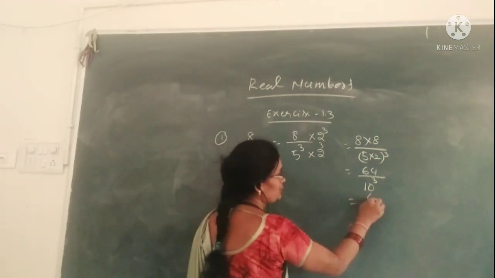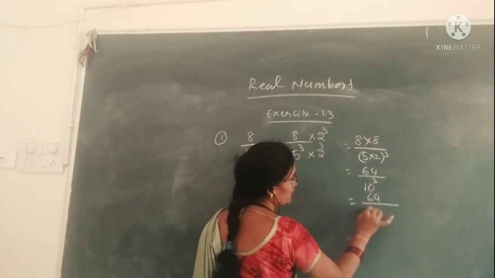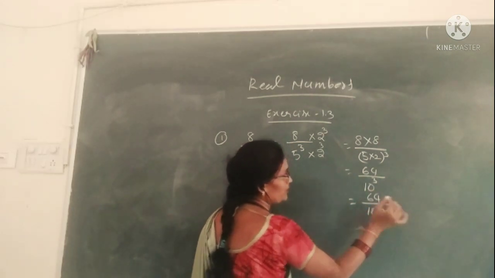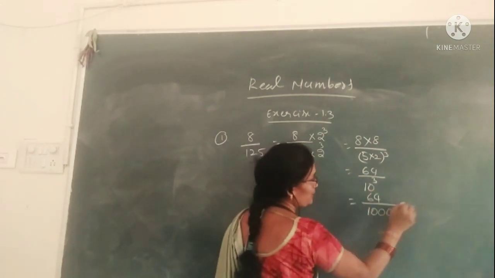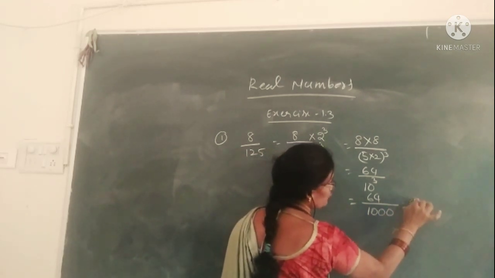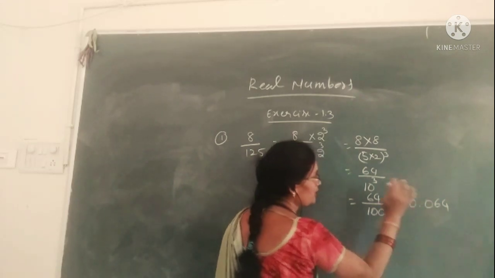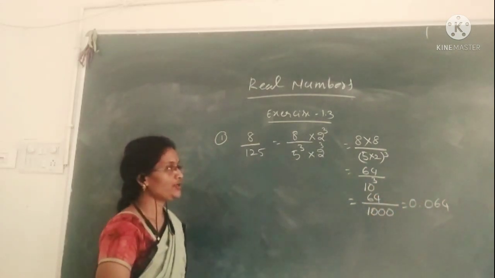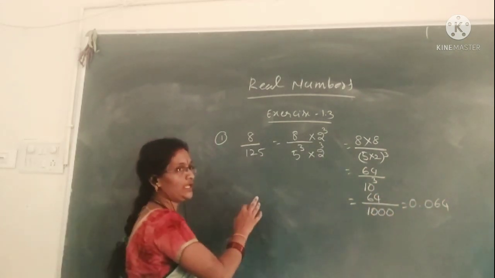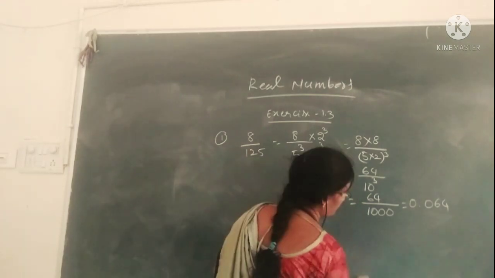So 64 by 1000. How many zeros? 3 zeros. Then we put a point 3 places before. 0.064. So 0.064 is a terminating decimal.